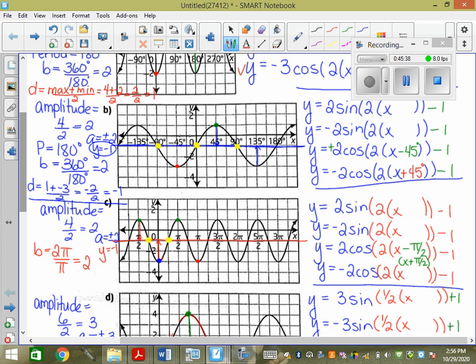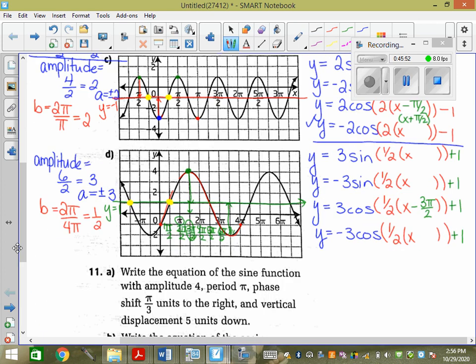So this one's done. Do I need that excessive amount of brackets, or could I just write 2x? Yeah. Remember, what's cool about these is you can set your window to the same window as this and type them in, and they should match, right, if you didn't screw up your equation. This one I look for my closest minimum, and it's at negative pi over 2. So I'm going to go plus pi over 2 because I have to move it to the left.